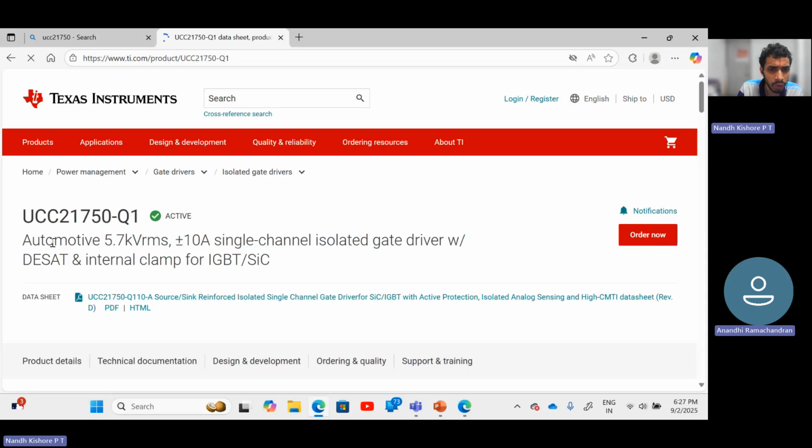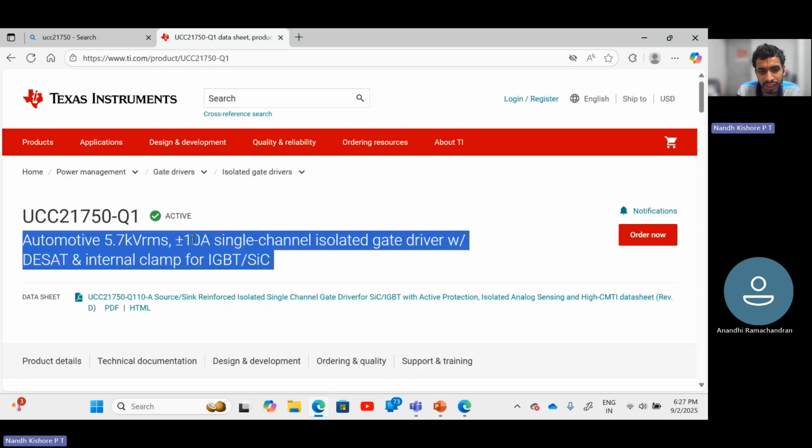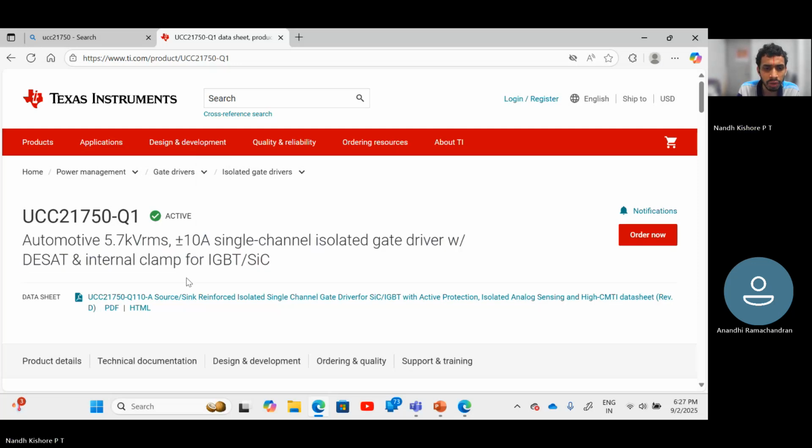In the last class we were talking about DSAT protection. This gate driver has internal DSAT protection, and you see over here it says plus or minus 10 amperes. It means this gate driver is rated to give plus or minus 10 amperes peak. So this is what you should be looking for in the data sheet.